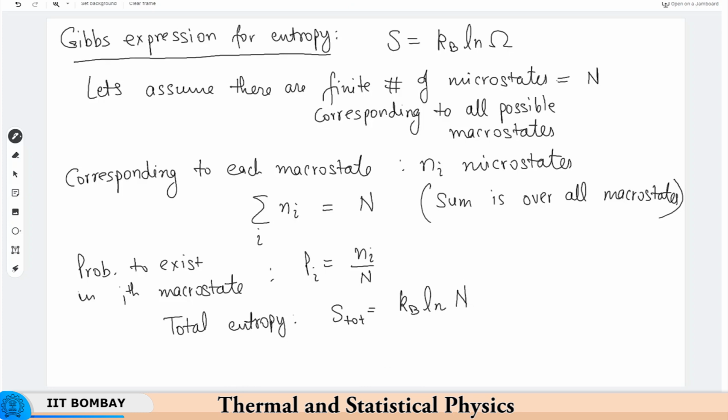But we know that the contribution to this total entropy comes from two terms.